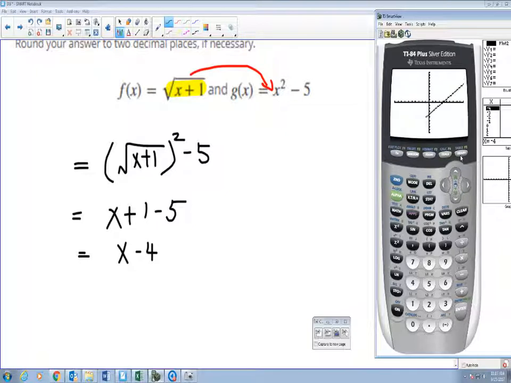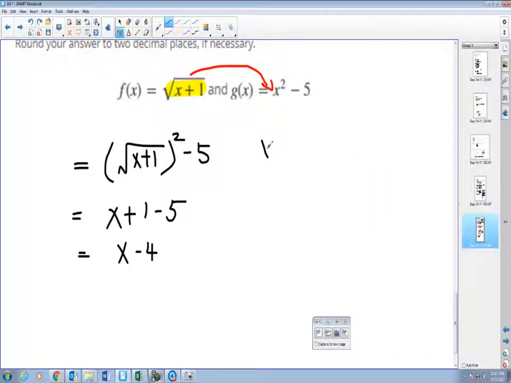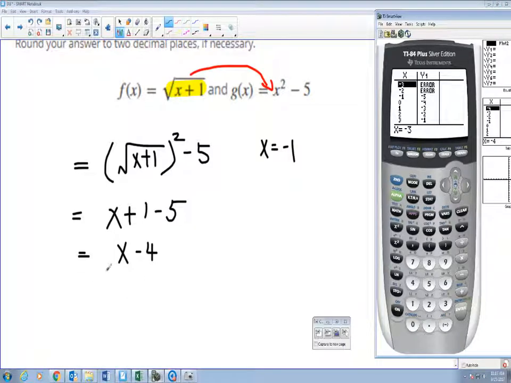There you go. Hold up. That ain't no complete straight line. If I set what's inside the function equal to 0, this is actually saying x will begin at negative 1. But if I graph x minus 4, it will be a whole straight line.